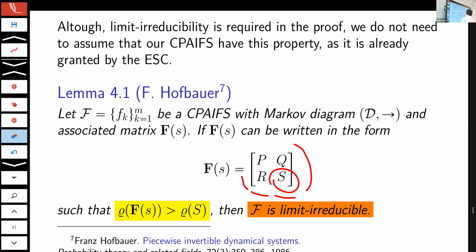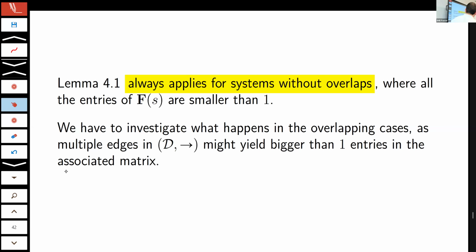This very nice lemma of Hochbar helped us prove that we always have limited reducibility as long as we assume exponential separation.